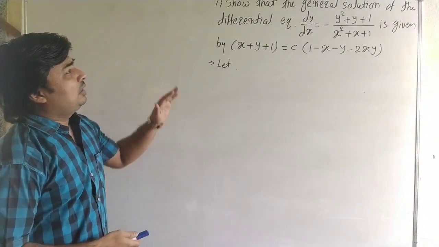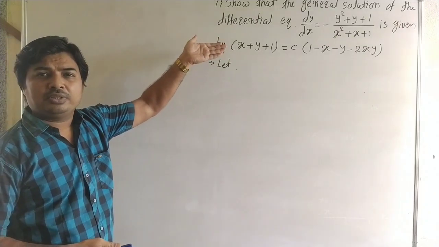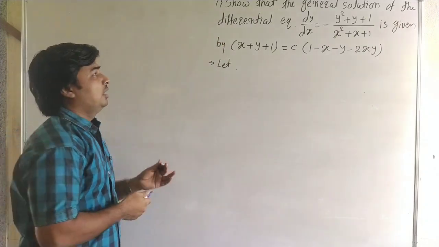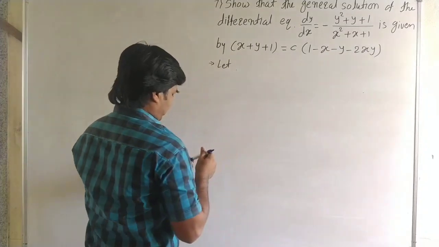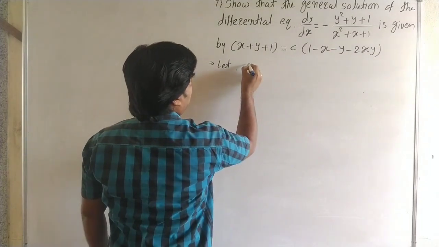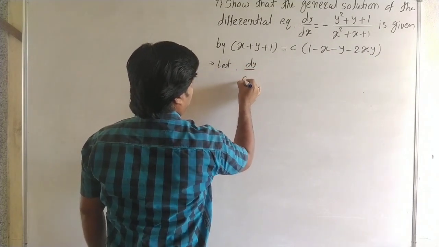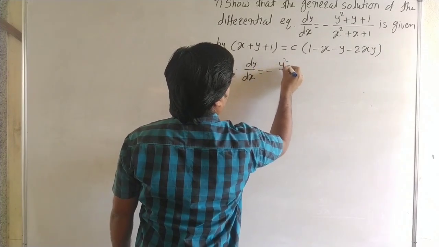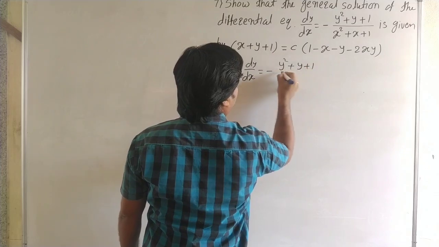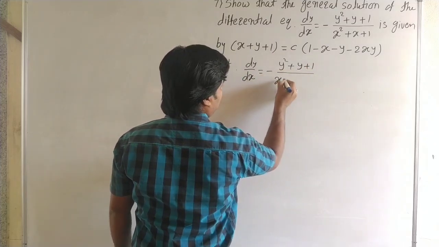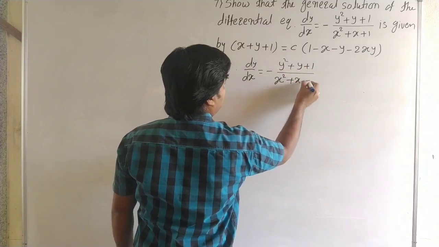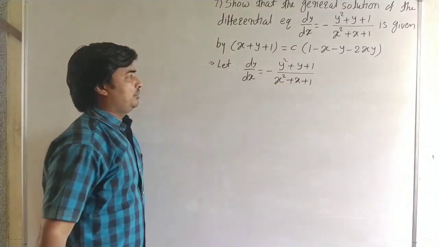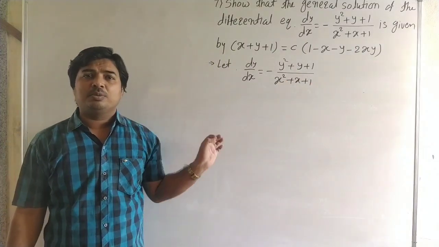Now the other method, we consider the differential equation and we solve this differential equation, we get this solution. Okay, here the given differential equation, dy by dx is equal to minus y square plus y plus 1 upon x square plus x plus 1. It is given differential equation and it is in the variable separable form.